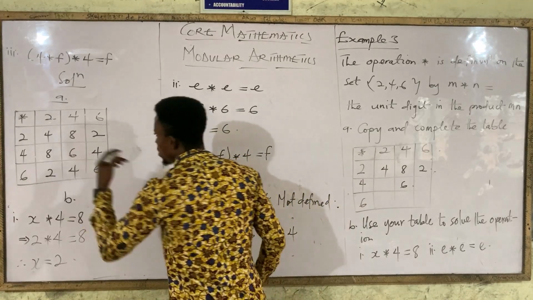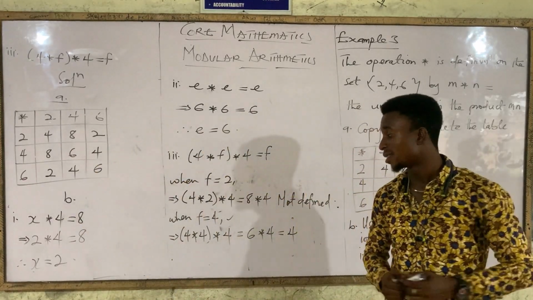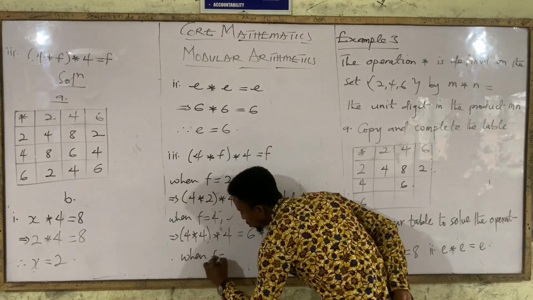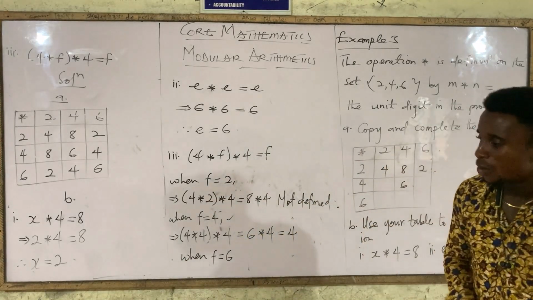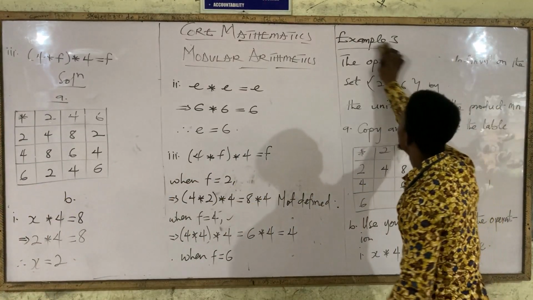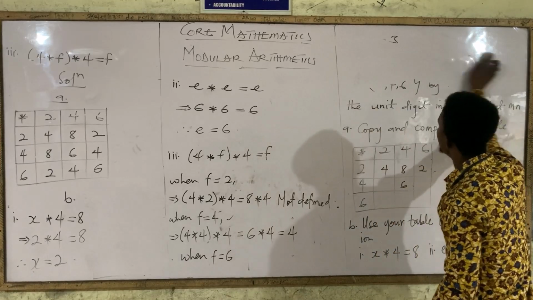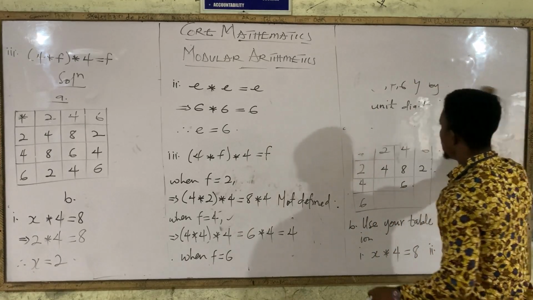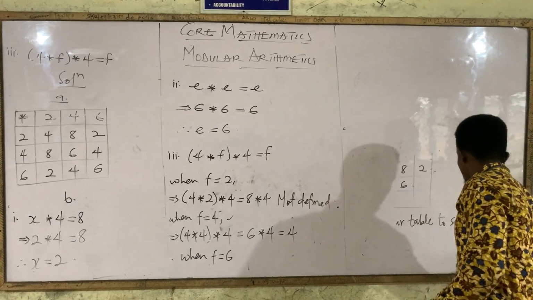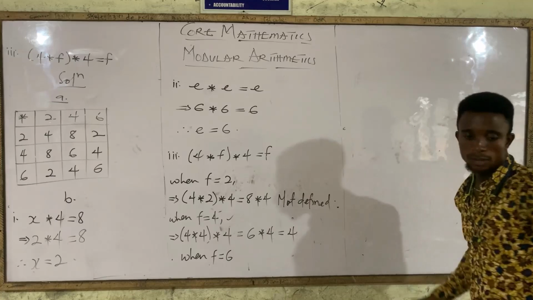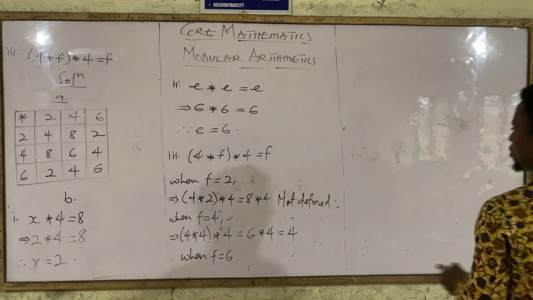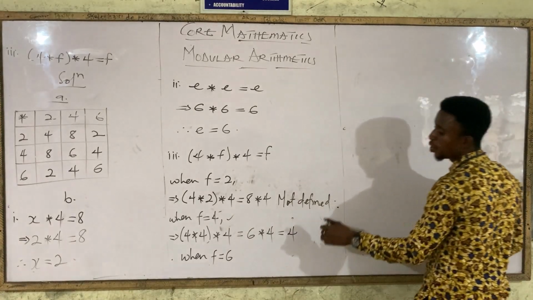Let's check for the last one, if that one too is going to give us the same answer. Okay, so when F is equal to 6, then what do we do?